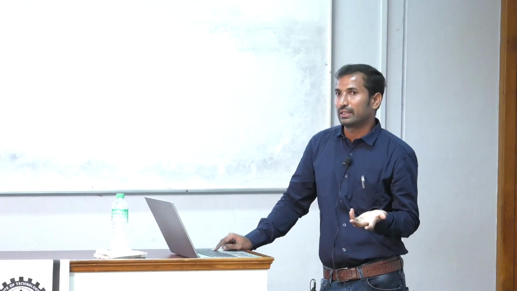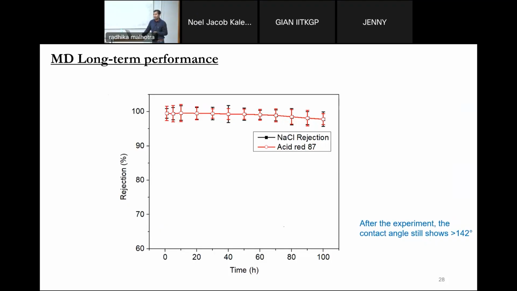Because in India we get a lot of sun, right? So we can easily make a prototype and give this technology to rural people, because here we can get 99% plus removal of all the pollutants.